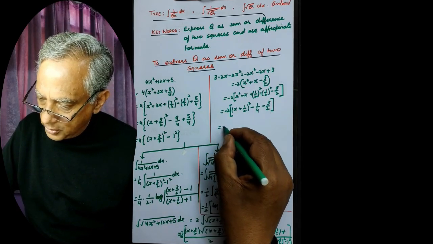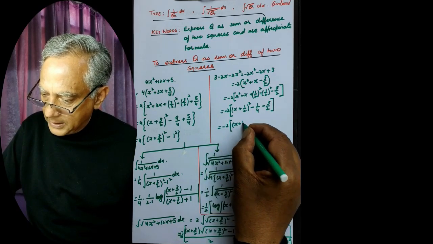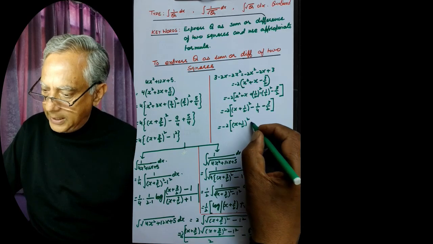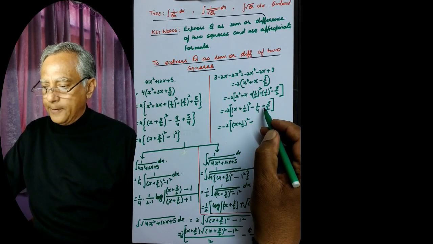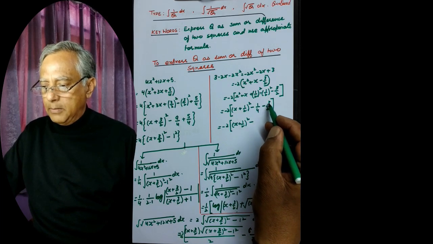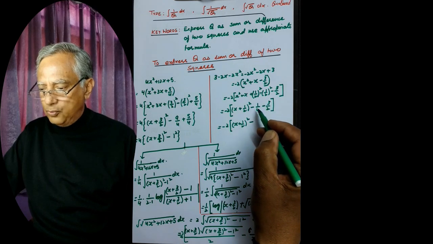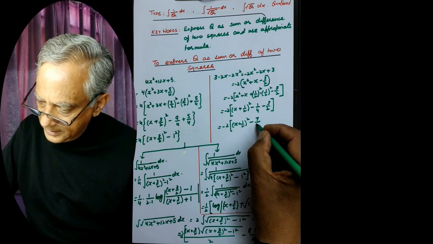So this is equal to minus 2 into x plus 1 by 2 whole square minus. Now take the LCM. The LCM is 4. So this will be minus 7 by 4. Multiply and divide 3 by 2 by 2, so this will be 6 by 4. So 6 by 4 plus 1 by 4 is 7 by 4.